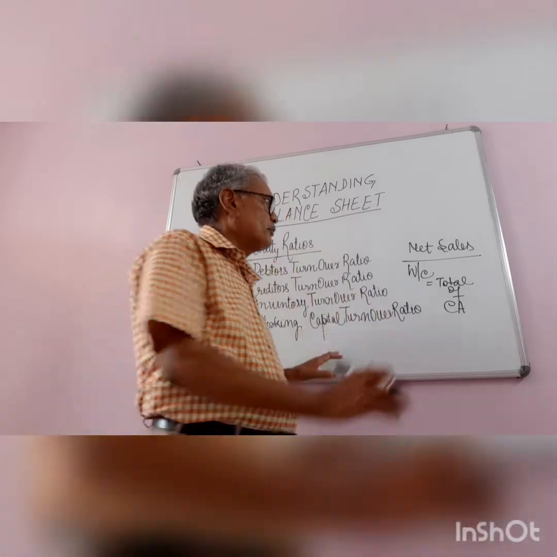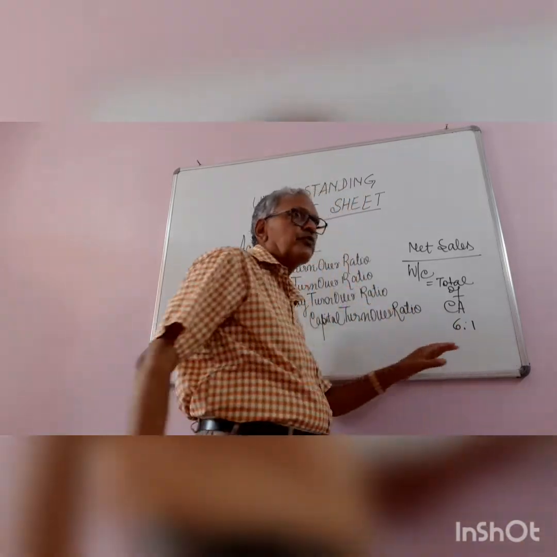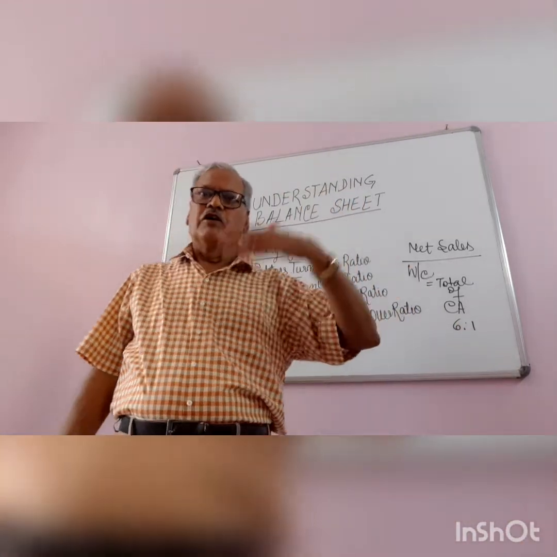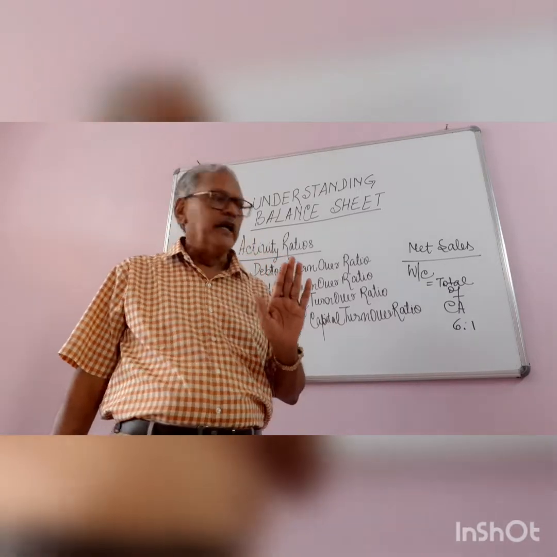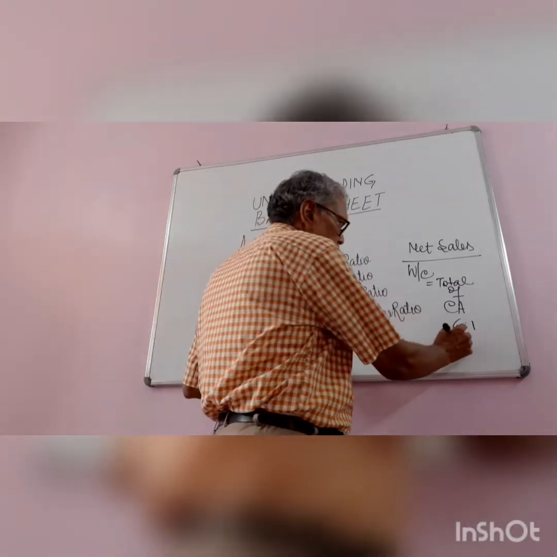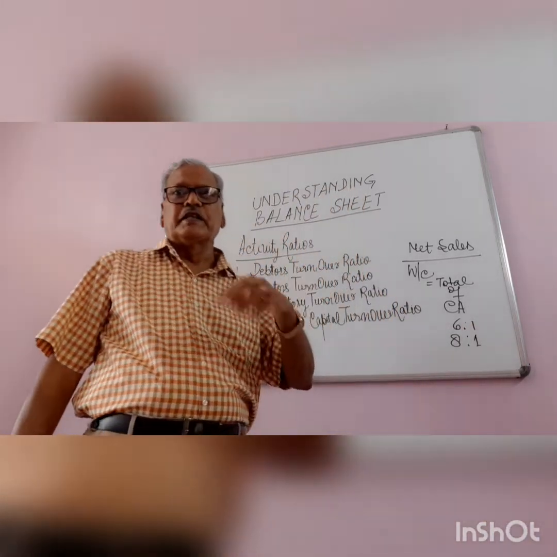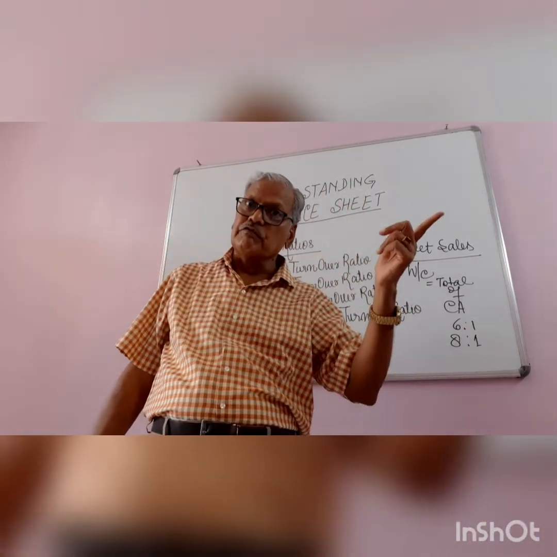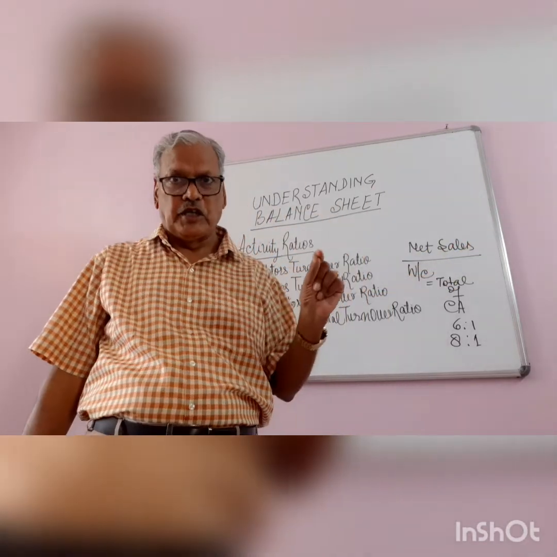So if suppose this is 6:1, it means during a year you are revolving your working capital 6 times in the financial year. And if the number goes from 6 to 8, it means you have improved the working capital turnover ratio, and this will definitely have an impact on your profitability.